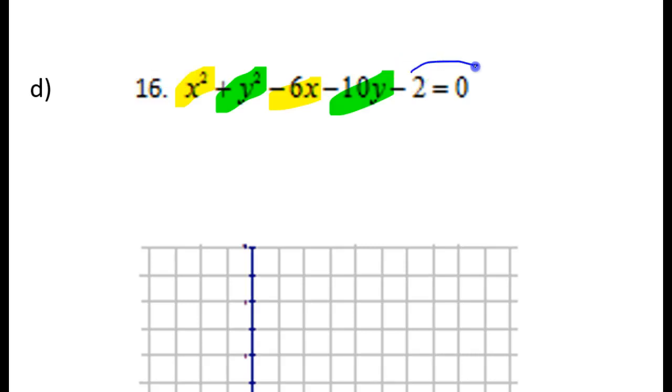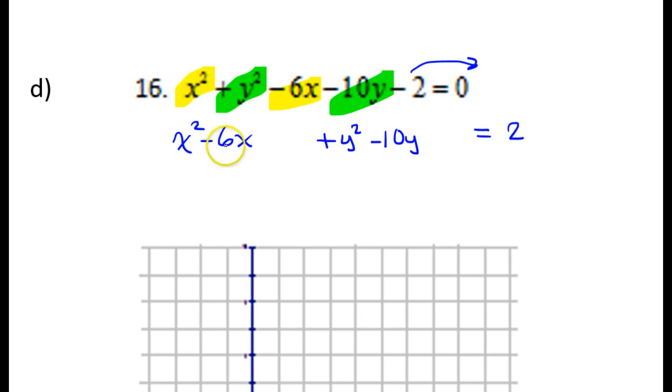This -2 needs to get to the other side of the equation. So I'm going to have x squared minus 6x plus y squared minus 10y is equal to 2. There's that 2. Notice how I'm leaving space to complete the square.